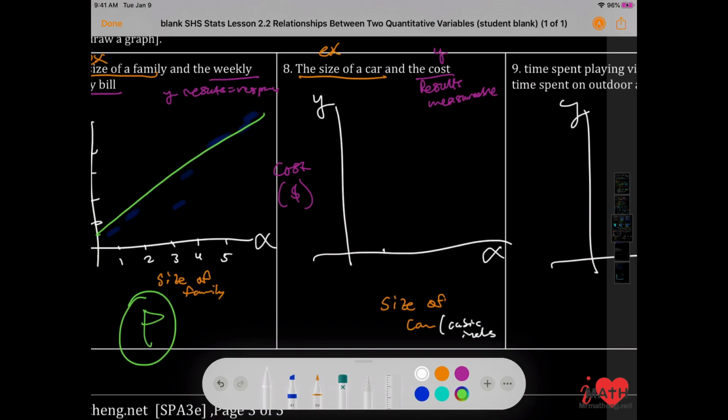Like how much space is in it? 100, 200, 300, 400. And you might be thinking that the temptation is probably to think something like this, right? But let's think about this, okay? I don't know, I like cars. 20, 40, 80. We'll do this in thousands.